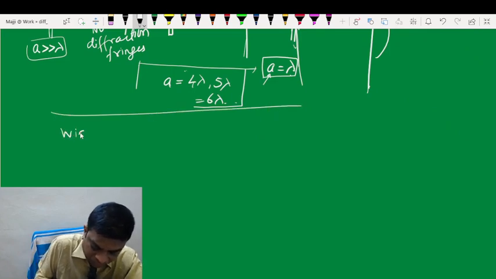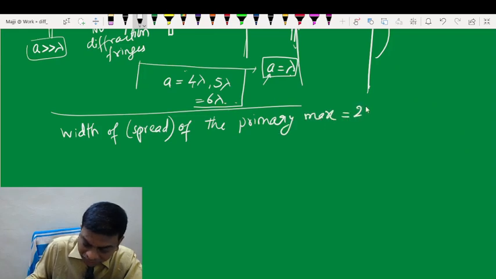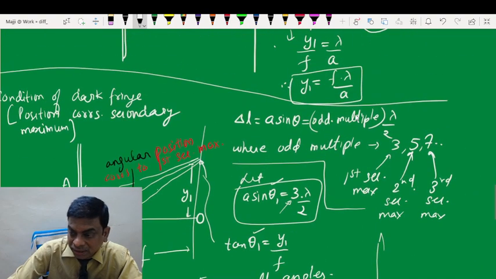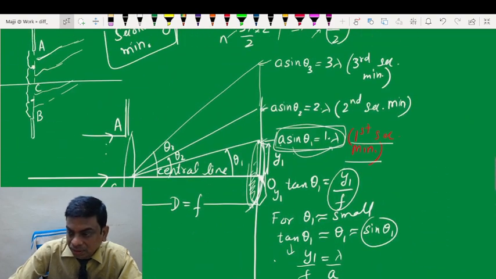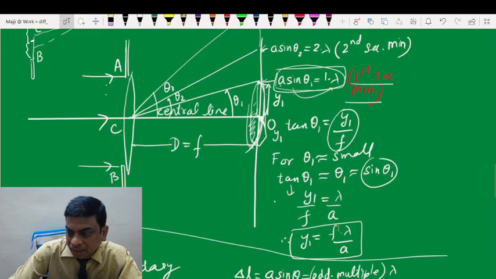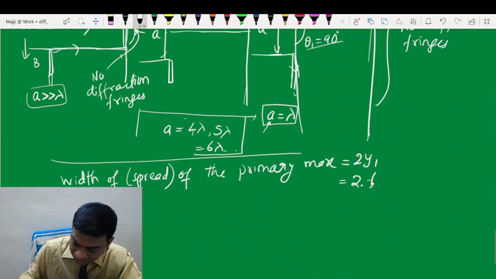So the width, or spread, of the primary maximum is twice y1, where y1 was basically f lambda by a. So I'll note down this as f lambda by a.